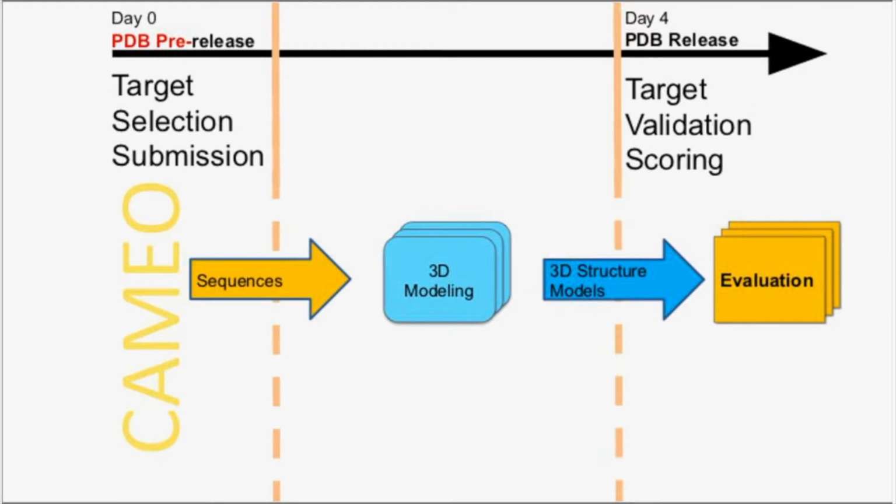So what Cameo does is that it gathers these sequences, chooses 20 targets, and sends them to the participating 3D modeling servers. And these servers have up to Wednesday at midnight to return their predicted 3D structure models to Cameo. And at that time, PDBe releases the actual experimental structures, and we can then assess, evaluate, and score the predictions.